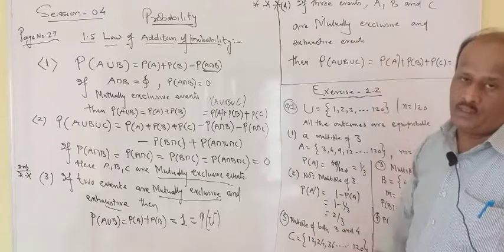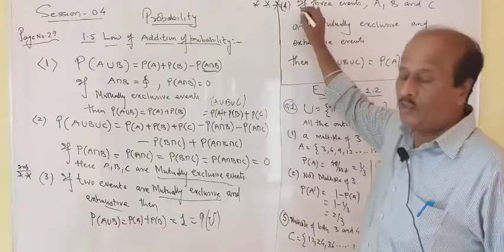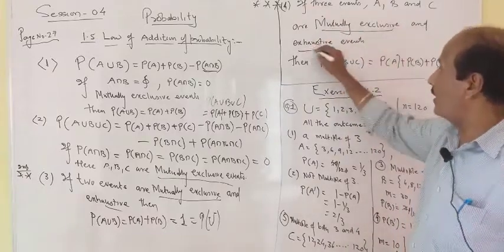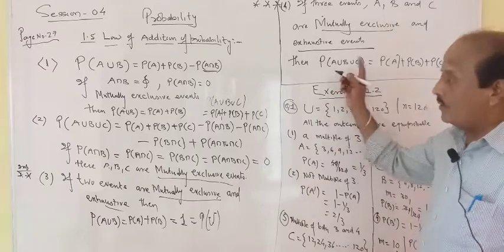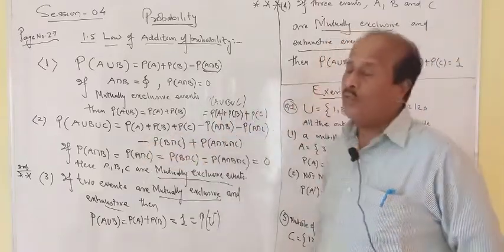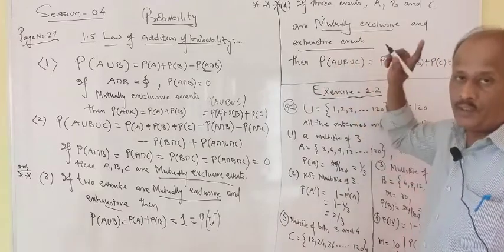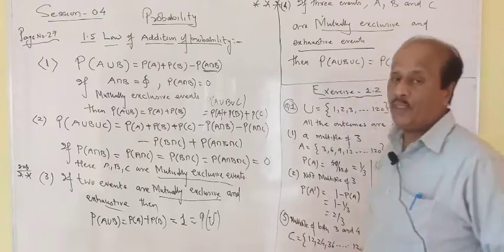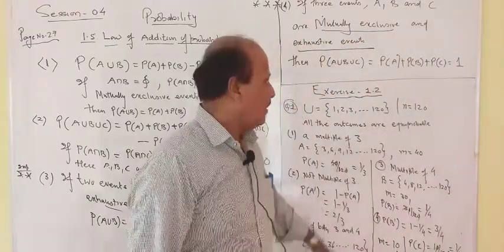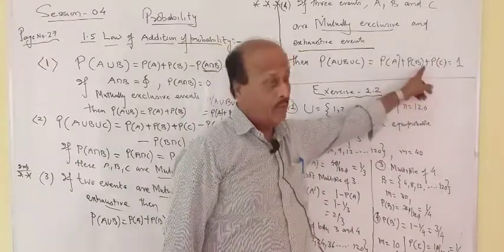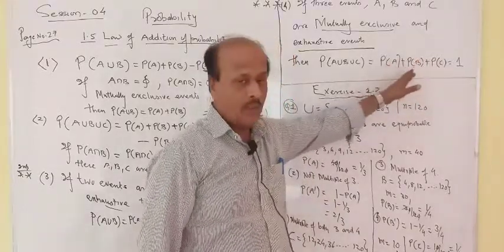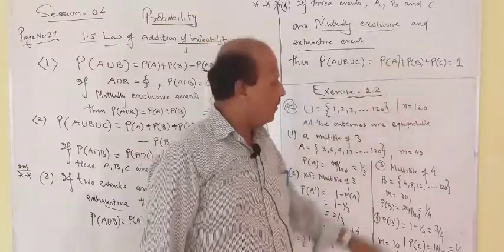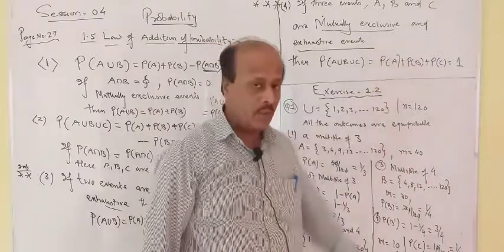Again, if there are three events, all non-null events, meaning they have some elements, and they are mutually exclusive as well as exhaustive, then the big formula, formula number 2, can be reduced to probability of A union B union C is equal to probability of A plus probability of B plus probability of C, which is equal to 1. This is very important. Either a 1 mark question, maybe of objective type, or a 2 mark or 4 mark question can be asked.